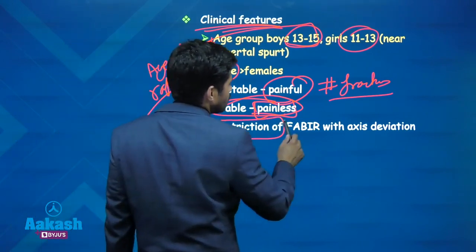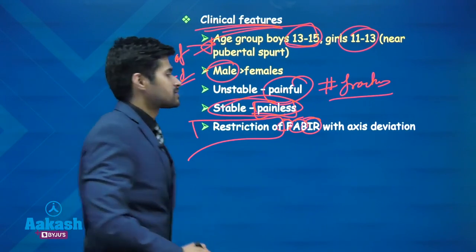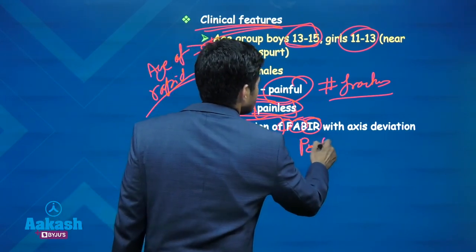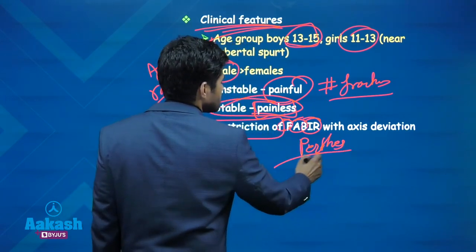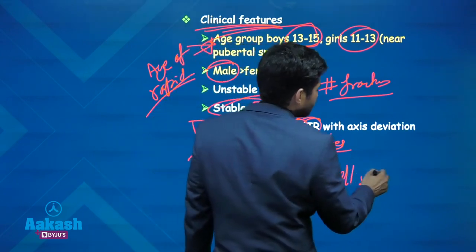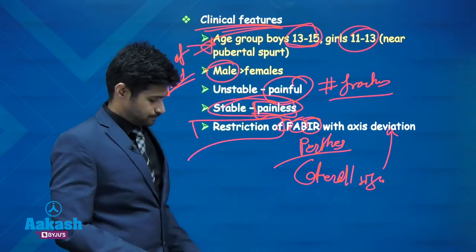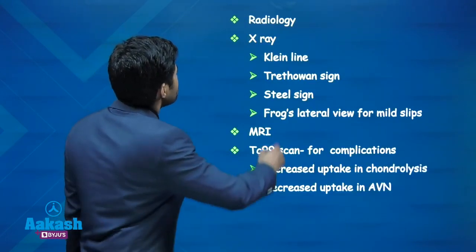And there is restriction of flexion, abduction and internal rotation with axis deviation, just like Perthes. In Perthes we call it Catterall sign. Here we call it axis deviation. Basically they mean the same. How do we assess?